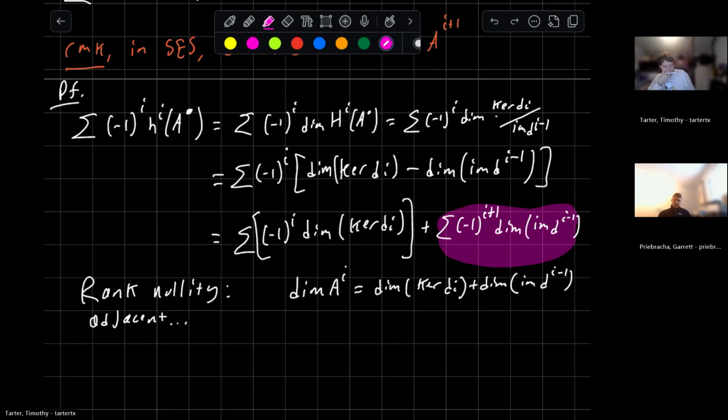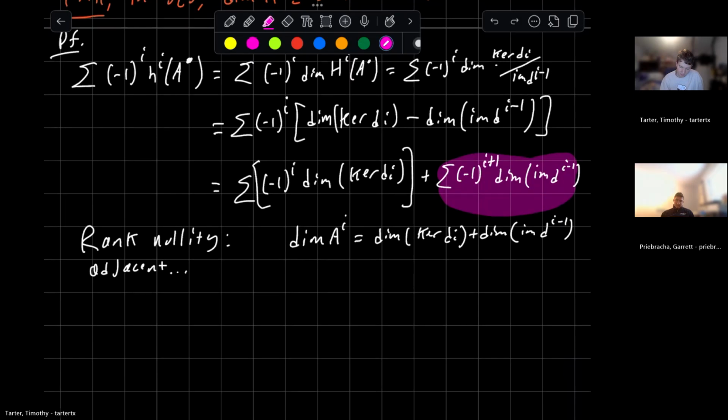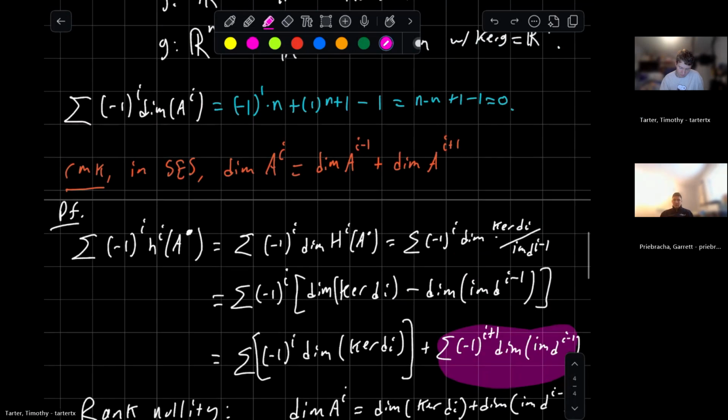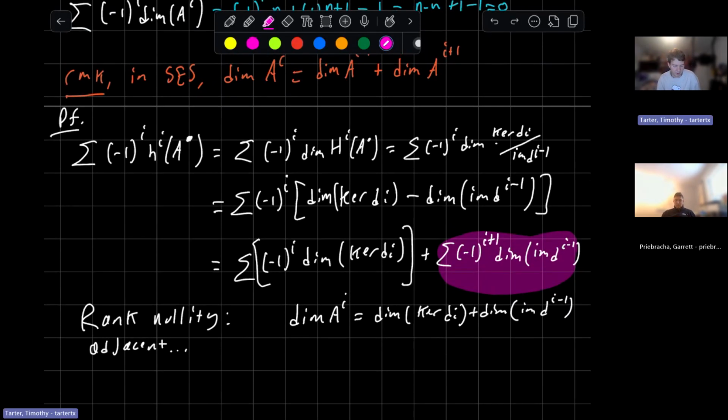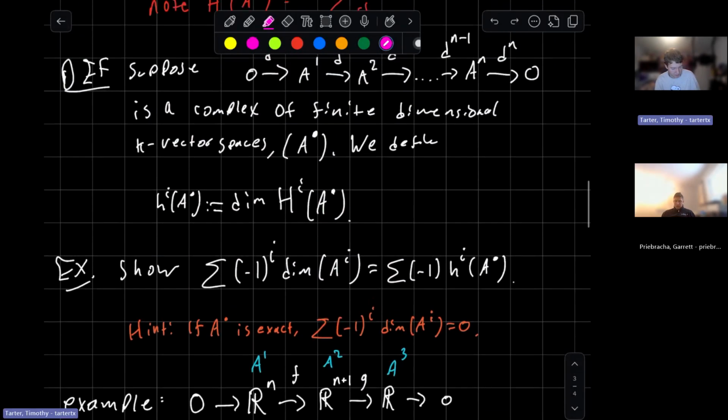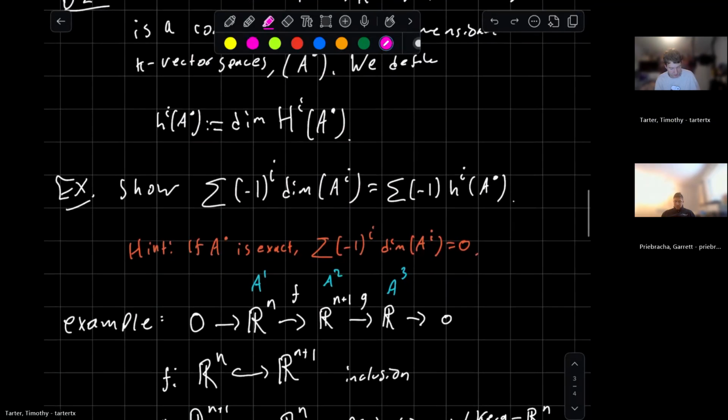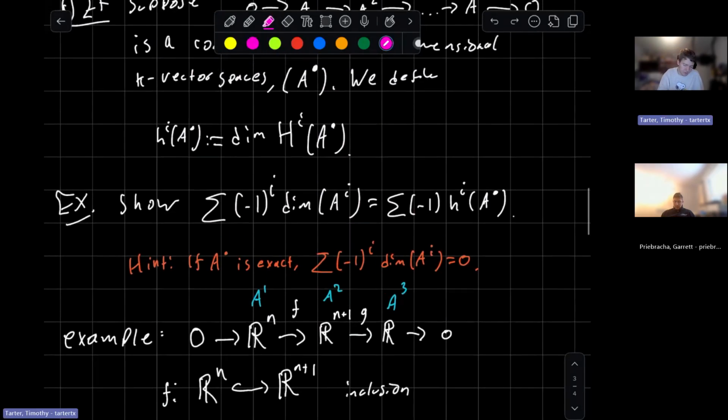Well, we can move out a -1. What is the thing that we're trying to prove? Oh, this needs to be (-1)^i.